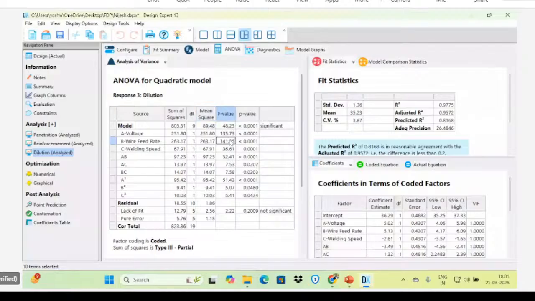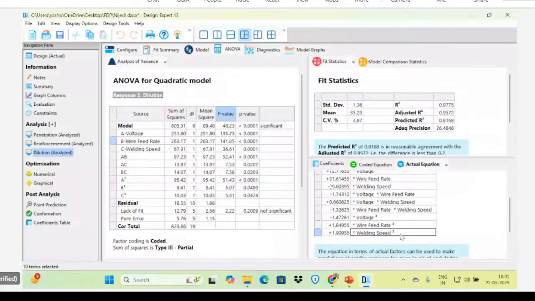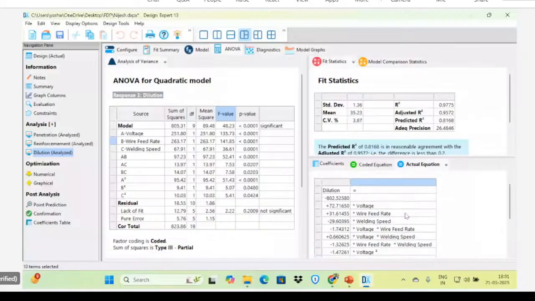So you can say that wire feed rate and voltage both are dominant factors, with wire feed rate the major dominant factor in terms of dilution. The same dilution equation is there, so you can measure all the values.